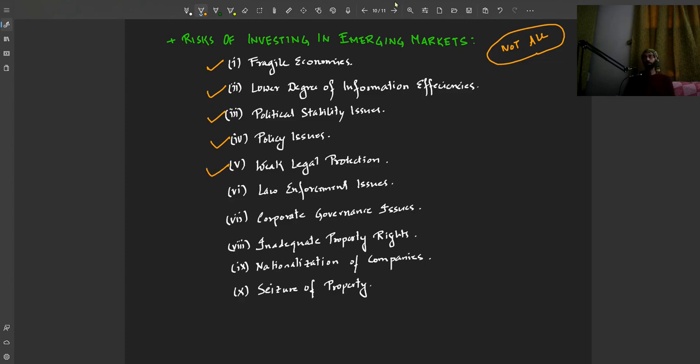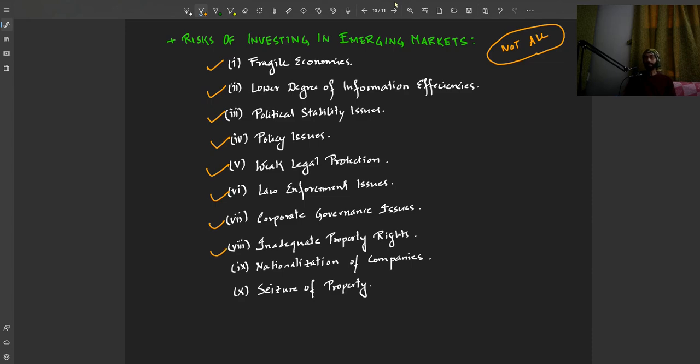Weak legal protections. Legal structures may not be well established, which means any investment made there, any contract signed there, may be weaker in their protection levels. Law enforcement issues. The laws may be written down, but the infrastructure of enforcement may not be adequate. Then, corporate governance issues. Obviously, this can relate to corruption, lack of proper skills, or both.